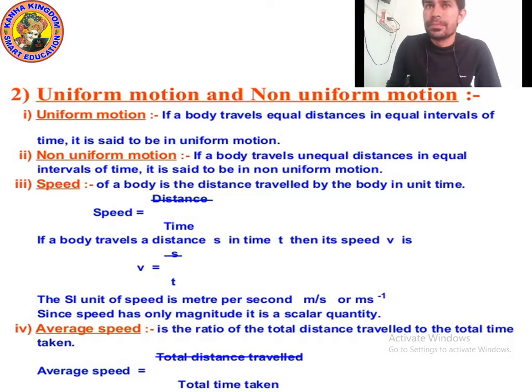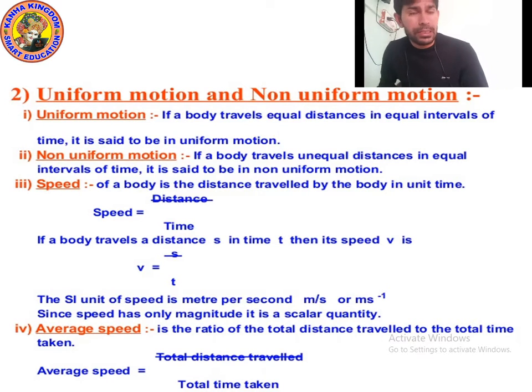As you can see, I have written two more definitions. If a body travels equal distance in equal intervals of time, it is said to be in uniform motion.